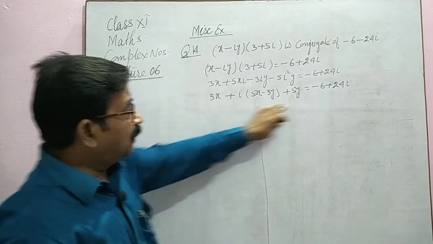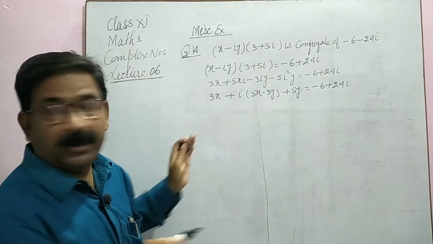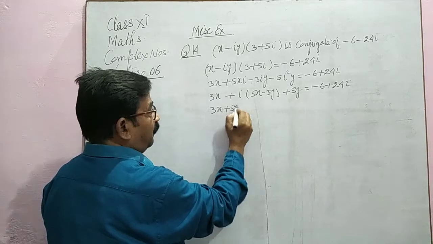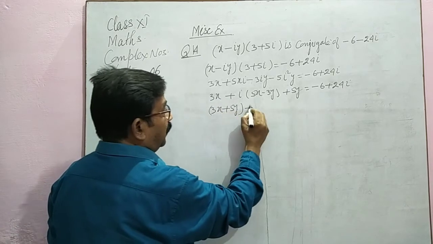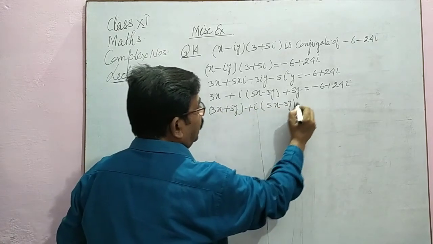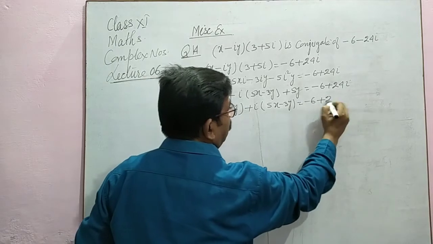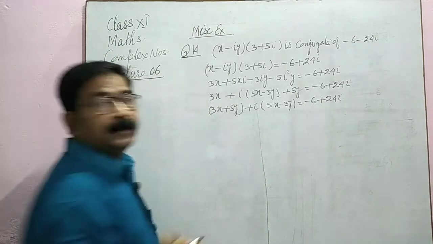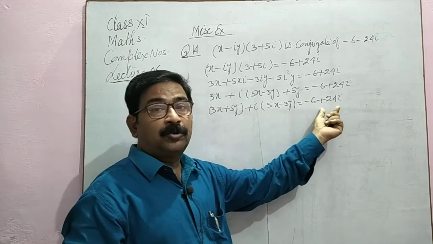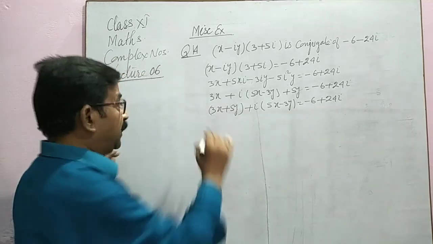Here collect real and imaginary parts together. So what we have? (3x plus 5y), real, plus i times (5x minus 3y) is equal to minus 6 plus 24i. Got it? So here we have a complex number, and this side is also a complex number. Comparing both sides.